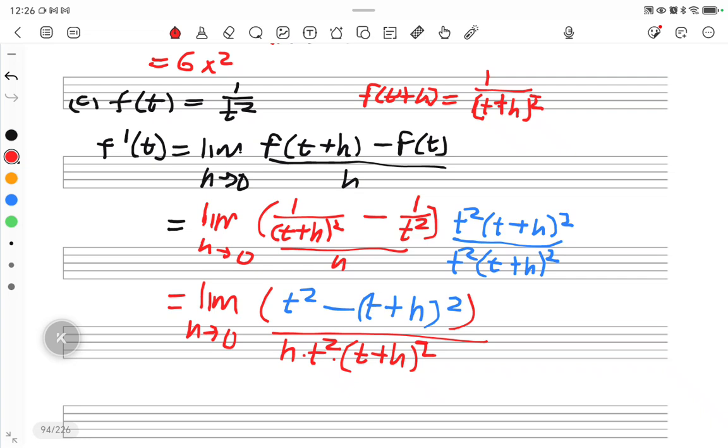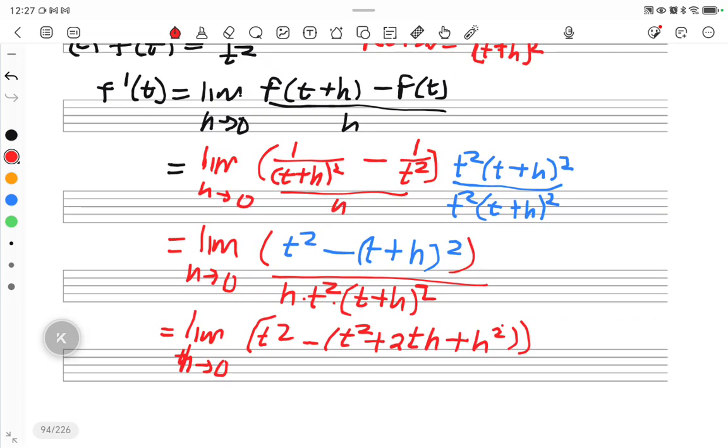And now let's do this. Let's simplify the numerator and see what we get. Did I say t squared here? h approaches 0. t squared minus t squared plus 2th plus h squared.